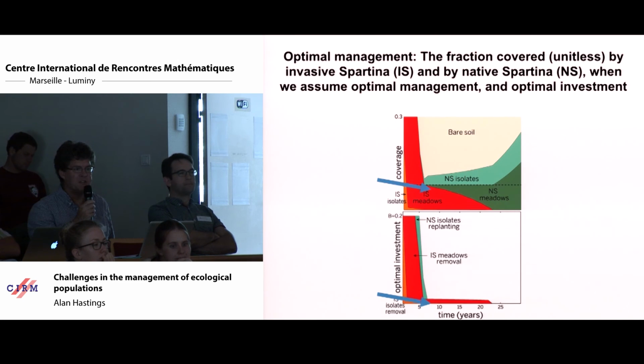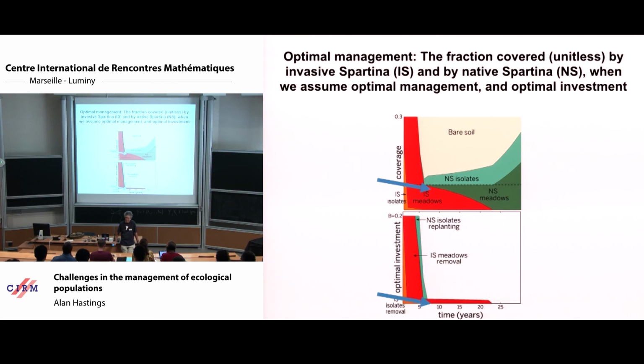So my question is, if the environment in which you're operating is highly variable or stochastic, would that change your strategy?